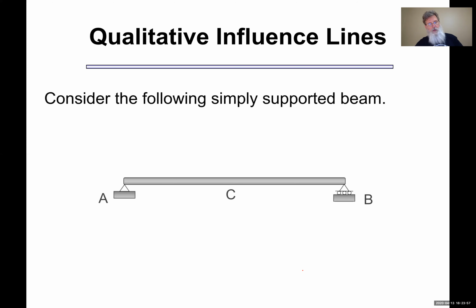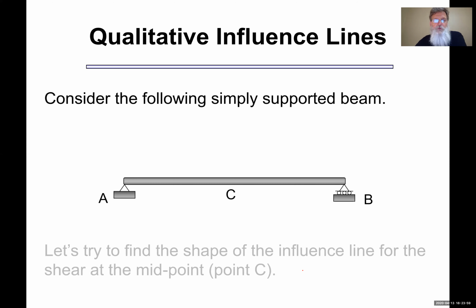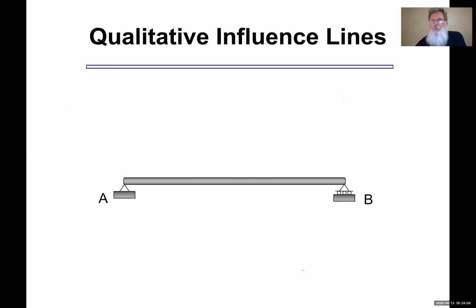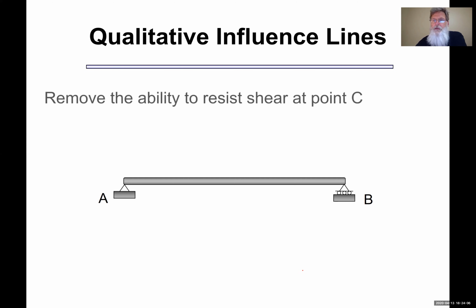Let's do the same problem, simply supported beam, except let's look at shear, in this case at the midpoint. I've never seen one of these before, but this is my rendition of a shearless connector. You can see it still has the ability to withstand movement horizontally and also to withstand moments, but it can't handle shear because of these rollers.